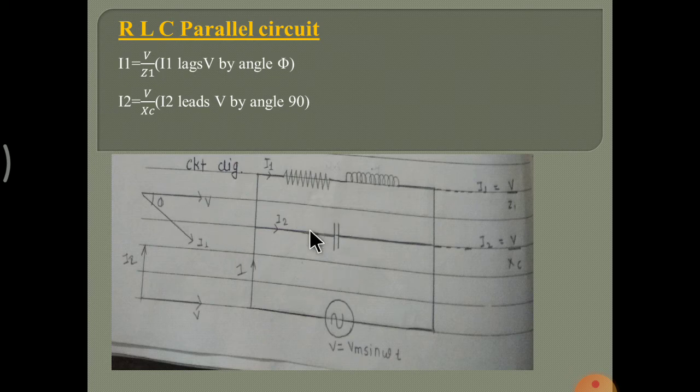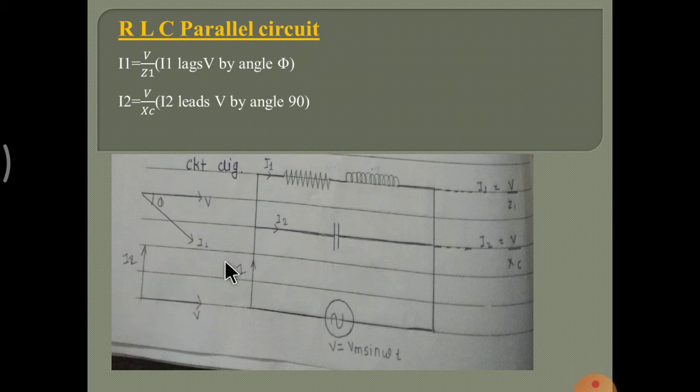And for the capacitor, the phasor diagram has reference line V and I2. This I2 is leading for the capacitor. We saw before this slide there is an RC parallel circuit, and the RC parallel circuit phasor diagram is like that. This phasor diagram we will take here.